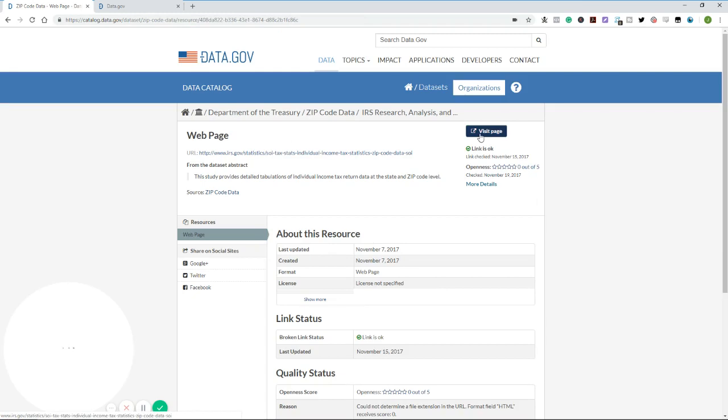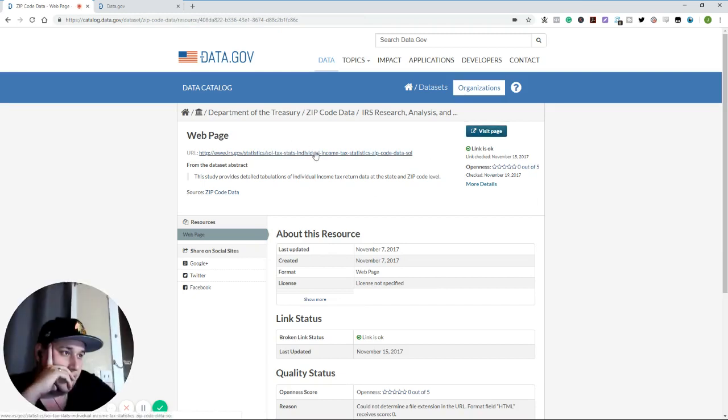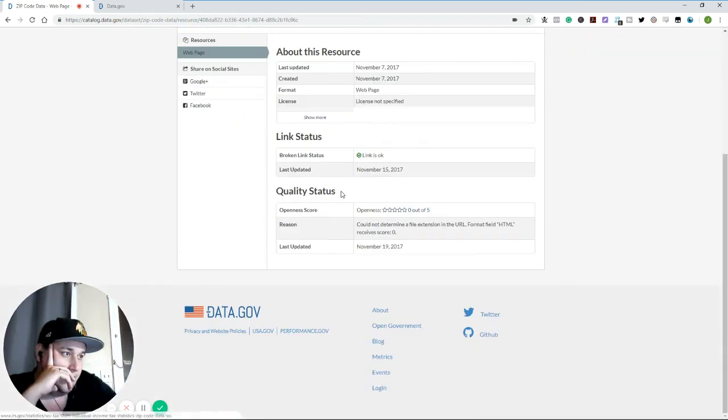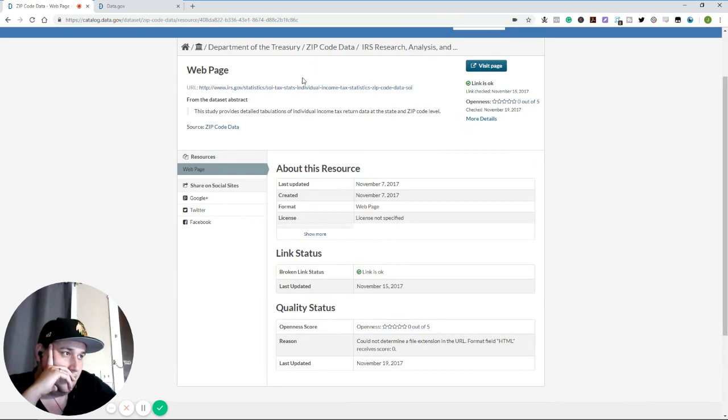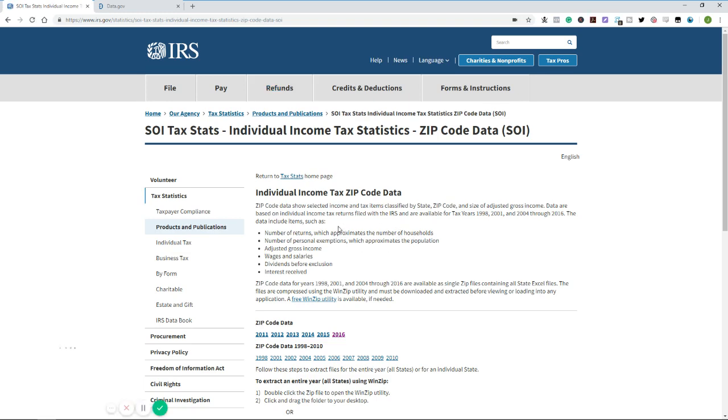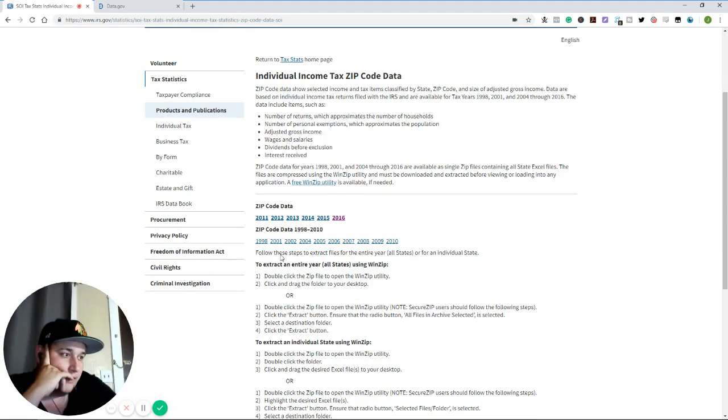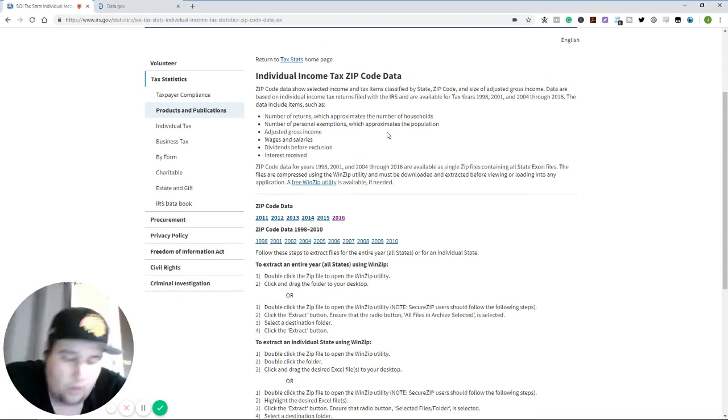So I go in here, I'm looking at the zip code data, and this was updated as of 2017, so this is fairly accurate data. And you could pull that information, right? Like I said, there's a myriad of things.